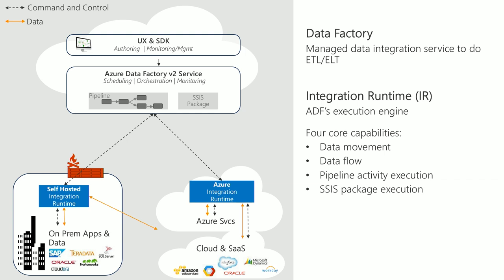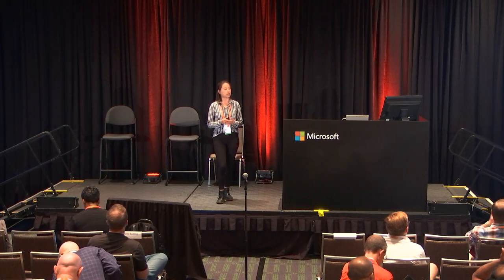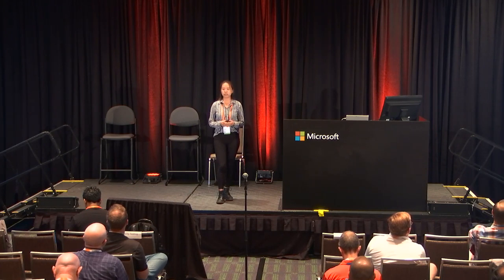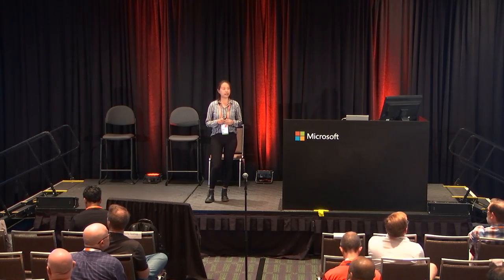There are two flavors of integration runtime. One is self-hosted, where you download and install some software behind your firewall to enable hybrid connectivity. On the right-hand side is Azure integration runtime, which is fully managed infrastructure by ADF and is highly scalable. Keep that architecture in mind. We will talk about similar architecture later to deep dive, for different scenarios, into how it works behind the scenes.